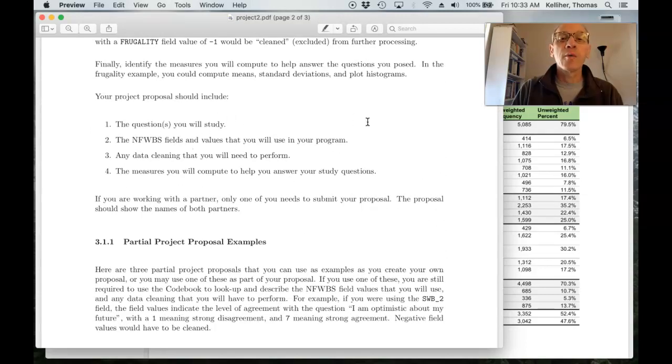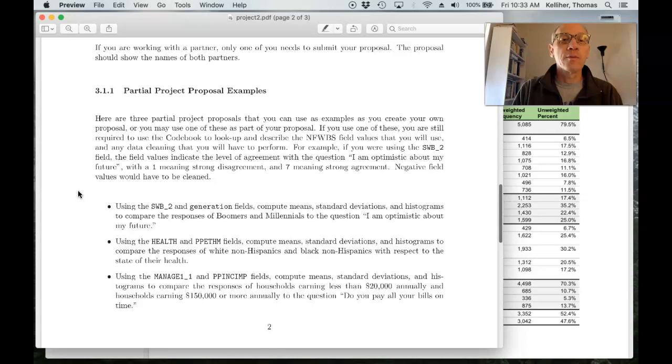Make sure when you write your proposal that you address these 4 points. And here are the partial project program examples. You can either use these as further examples to help guide you when you're looking for your own survey questions to research, or you can use these as starting points for your project.